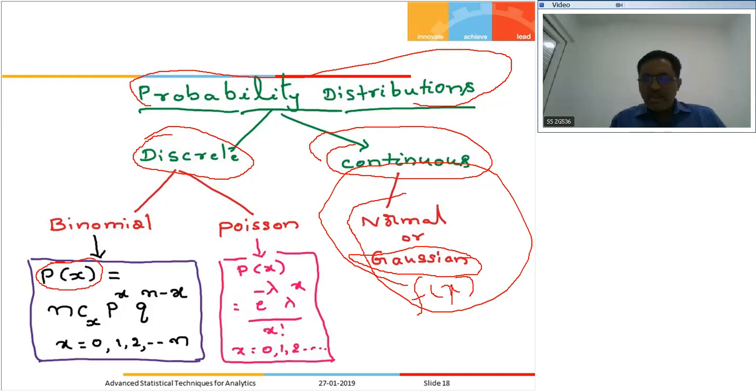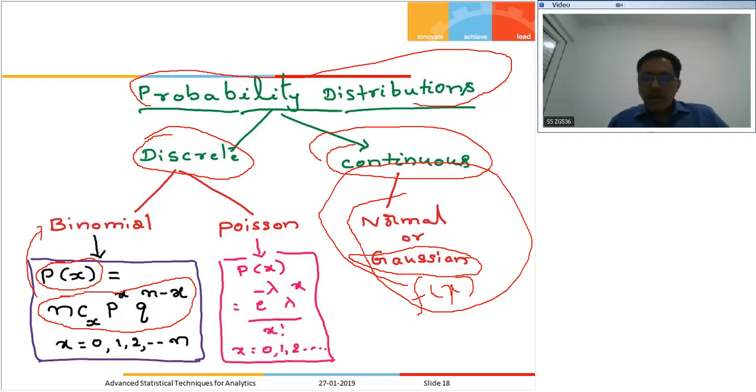If any random variable whose probability distribution function P of X is given as nCx p power x q power n minus x, so P of X is defined as nCx p power x q power n minus x, then we call it the binomial distribution.